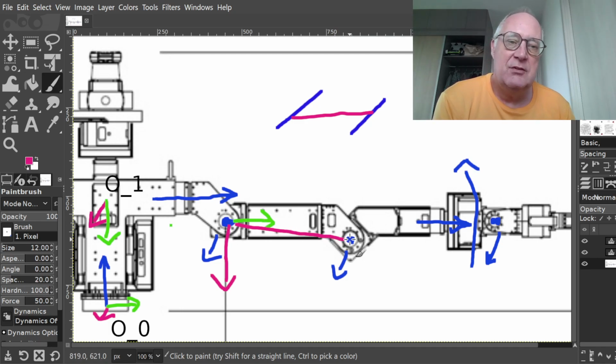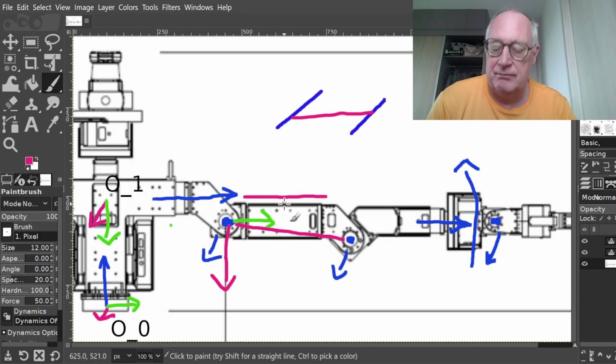More importantly, I need to align the angle so that the angle theta is moving along this line here, not along this line, which would be perpendicular to the servo mounts or the link.